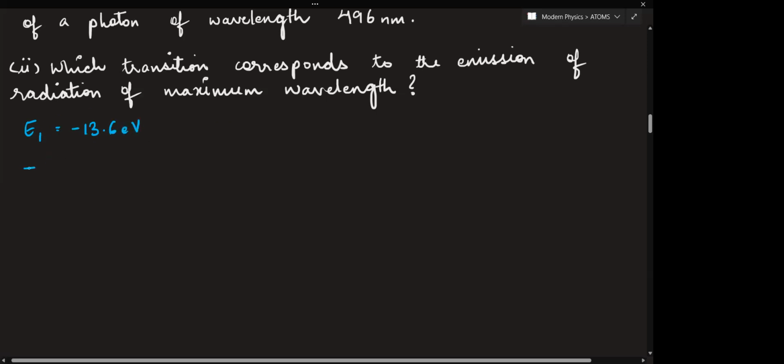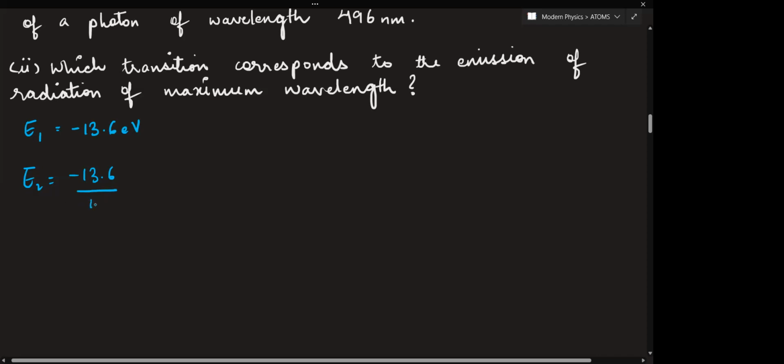So E2 will be minus 13.6 divided by n squared. Since the hydrogen atom is given, I'm not considering Z. Otherwise, Z squared is also added. But for the hydrogen atom, Z is equal to 1, so we don't need to write Z squared.